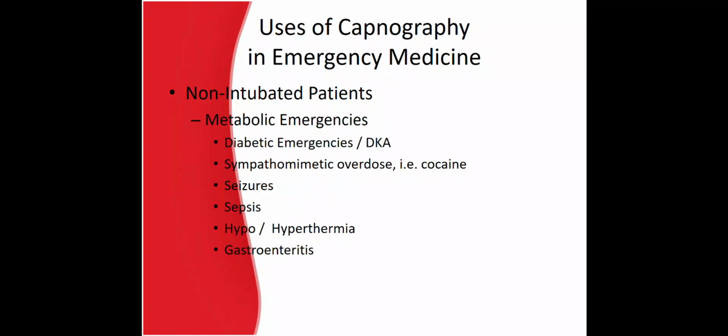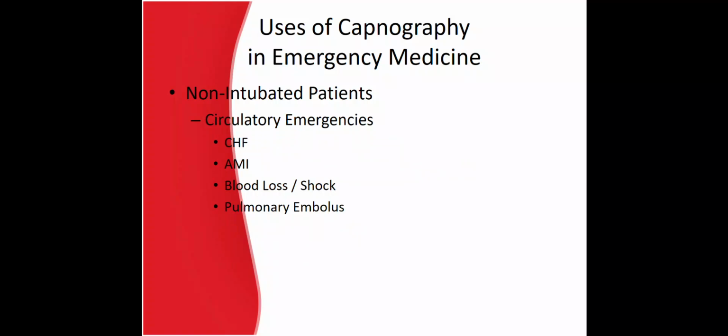Capnography can help with the following metabolic patients: diabetic emergencies and diabetic ketoacidosis, sympathomimetic overdose such as cocaine, seizures, sepsis, hypo and hyperthermia, and gastroenteritis. We can better assess patients with circulatory emergencies, such as congestive heart failure, acute myocardial infarction, blood loss and shock, or pulmonary embolus.